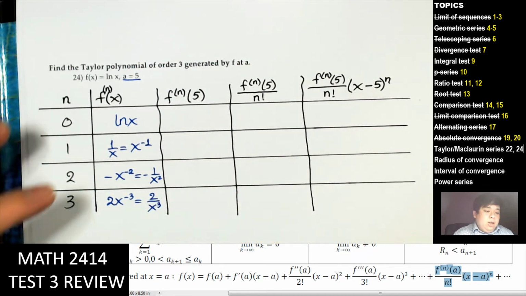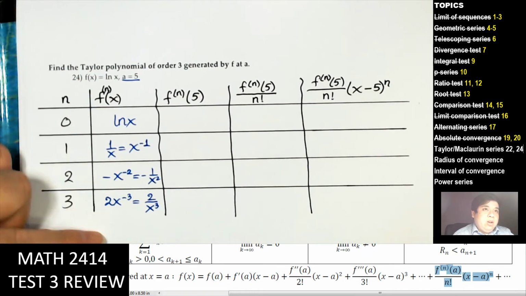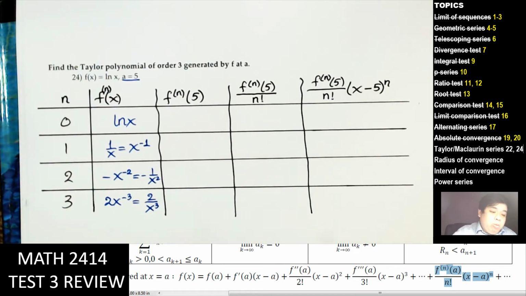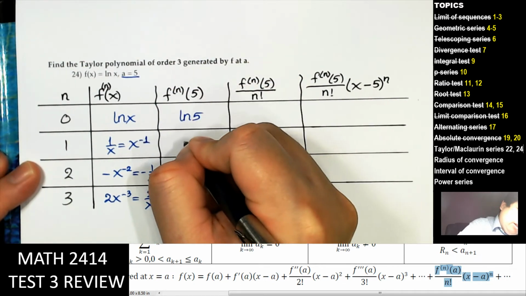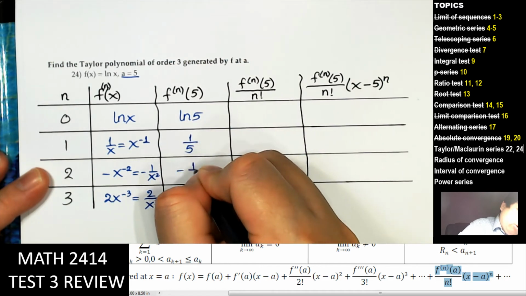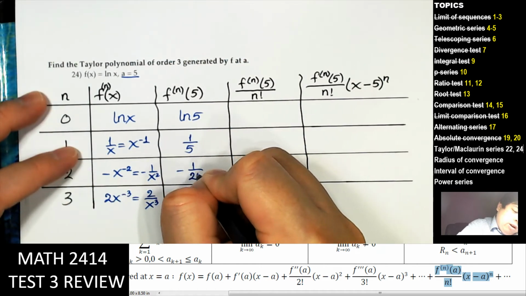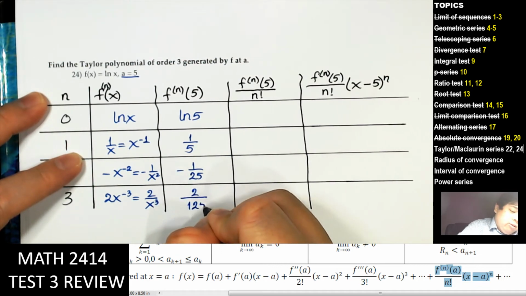So we just keep taking derivatives, that is this column, function and derivatives, and then we will put 5 in for x. So we have ln of 5, 1 over 5, negative 1 over 5 squared, 25, and 2 over 5 cubed, which is 125.